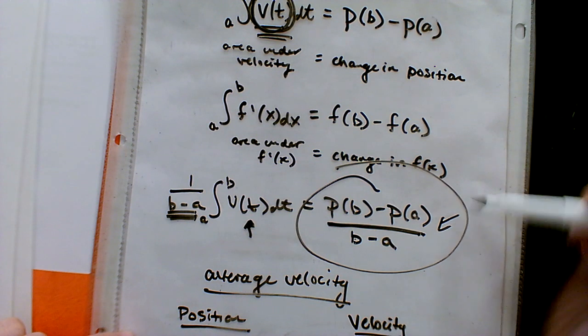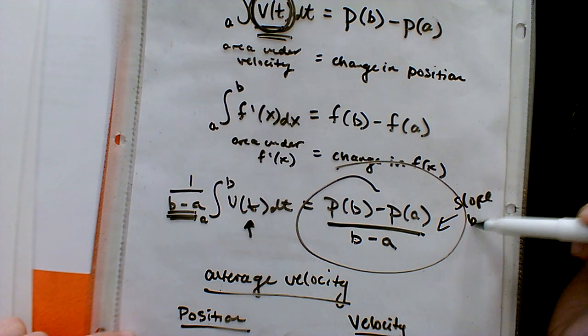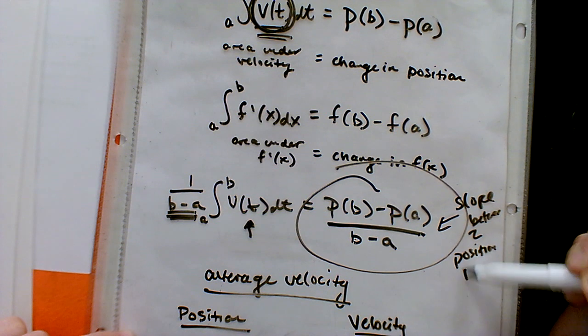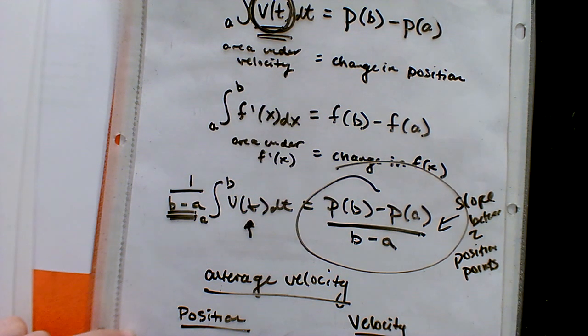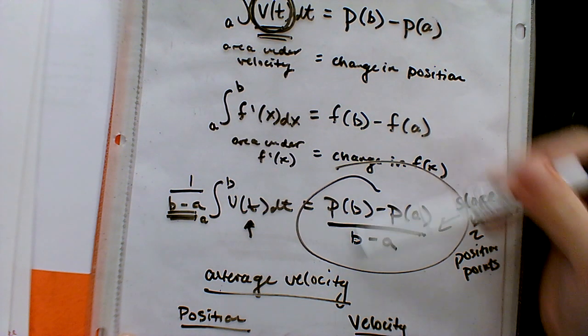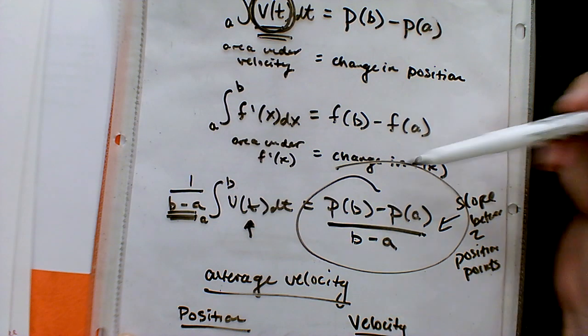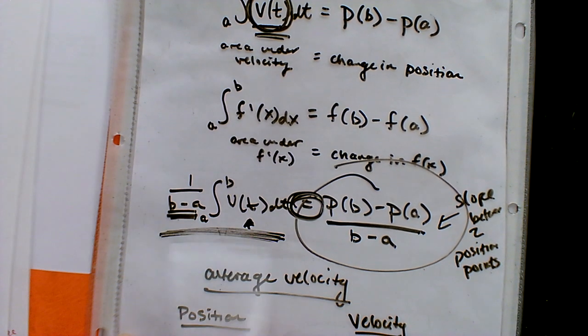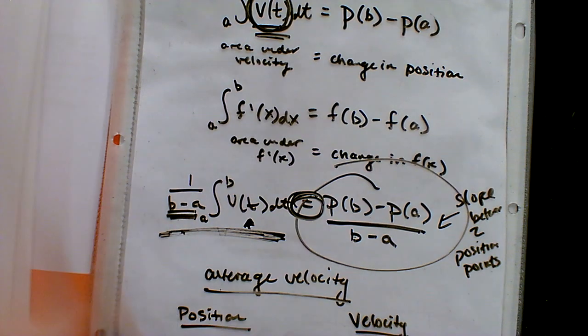Okay, so this is basically representing the slope between two position points. So if this is the slope between two position points, aka average velocity, then that should be the same as this side, which would be average velocity as well.